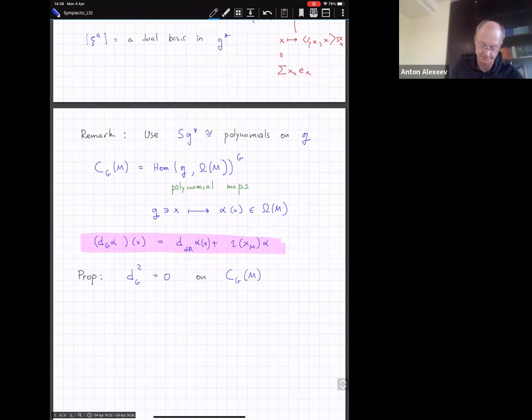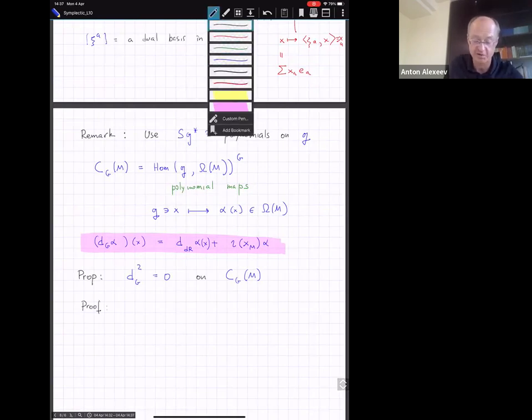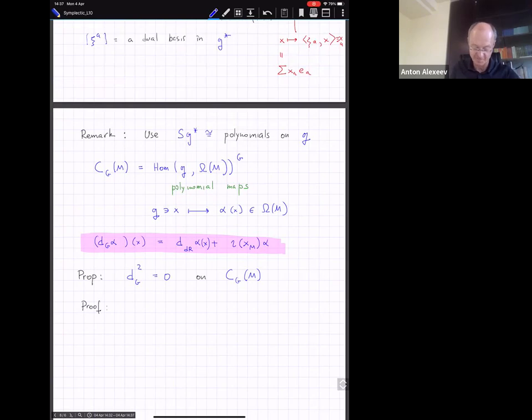Here is a proof. That's one of those important one-line proofs. Let me write d_G squared in the form that we just had: (d de Rham plus ι_{X^M}) squared.